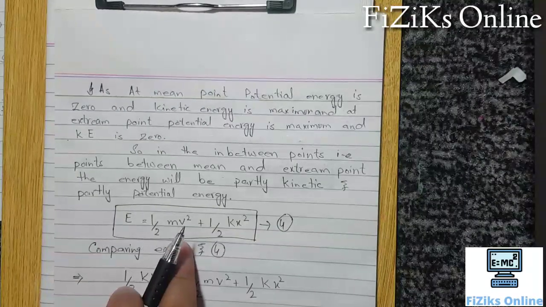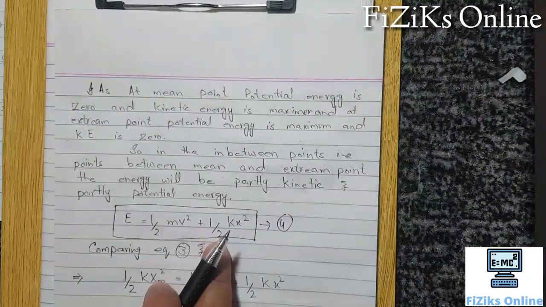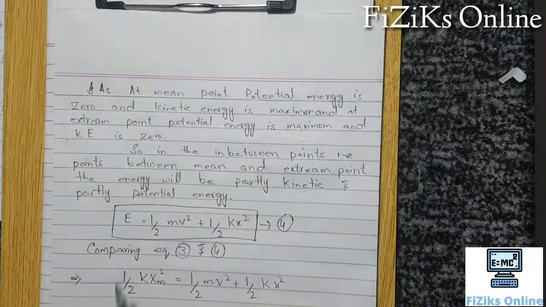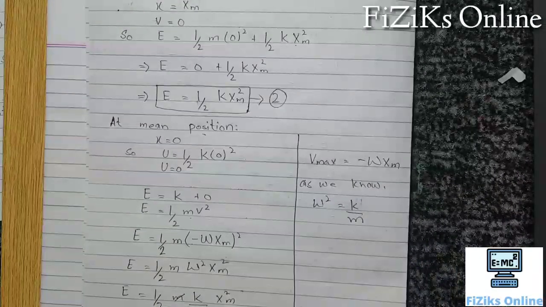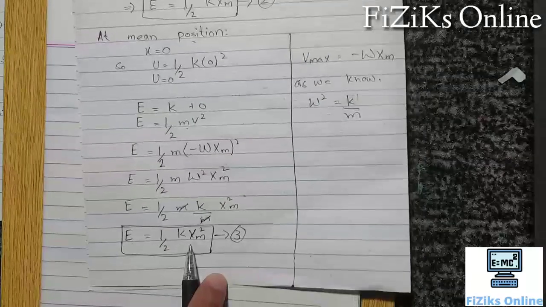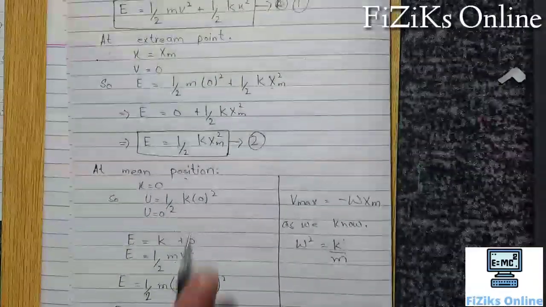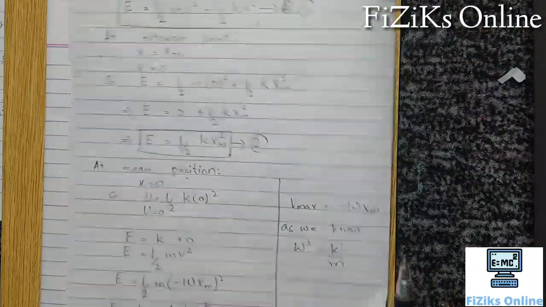E equals half mv squared plus half kx squared. This will be the energy at the points other than mean and extreme point, and this is the energy at mean position, and this is the energy at extreme position.